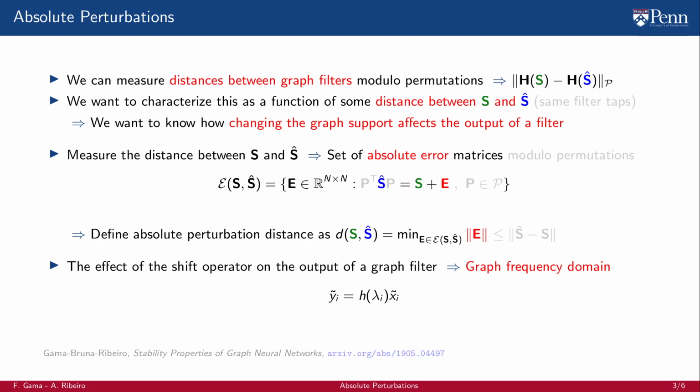To quantify the effect of the shift operator on the output of a graph filter, we will proceed with an analysis in the frequency domain, a trademark of signal processing. Recall that the effect of a graph convolution in the frequency domain is to rescale the ith frequency coefficient x tilde_i of the input by a corresponding value h(lambda_i) given by the filter and the ith eigenvalue of the support, yielding the ith frequency of the output y tilde_i.